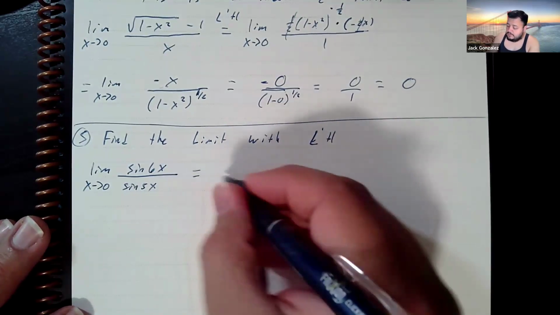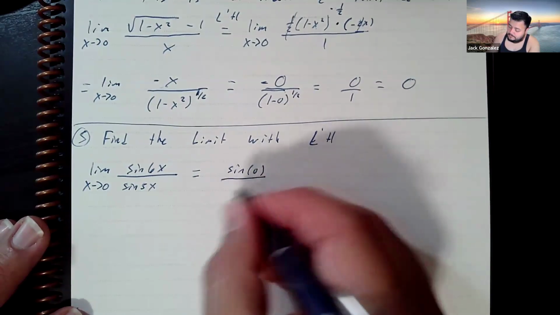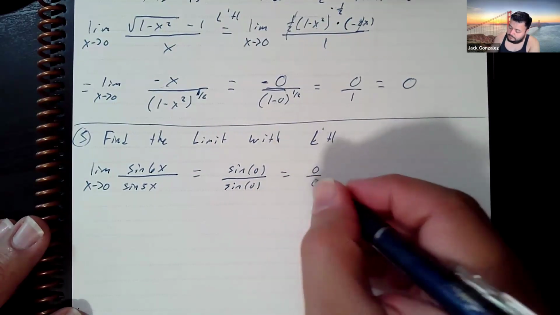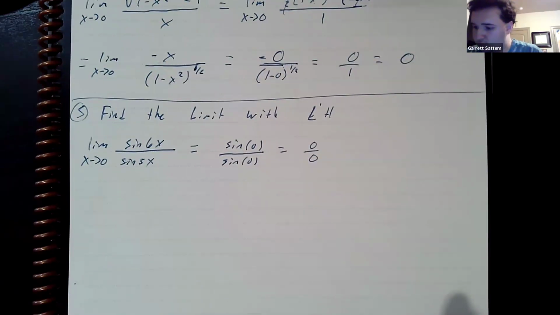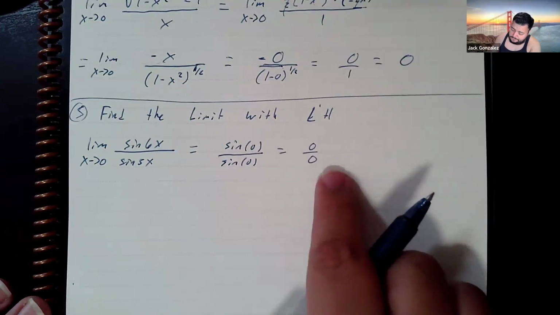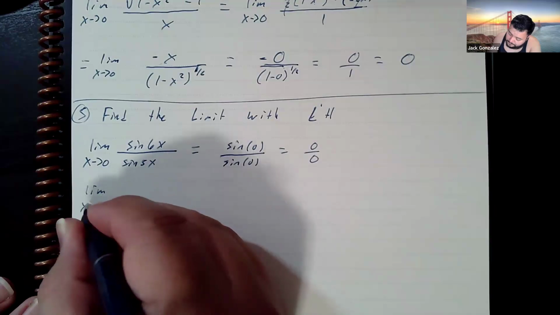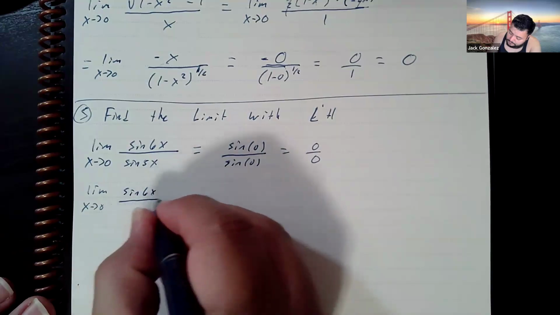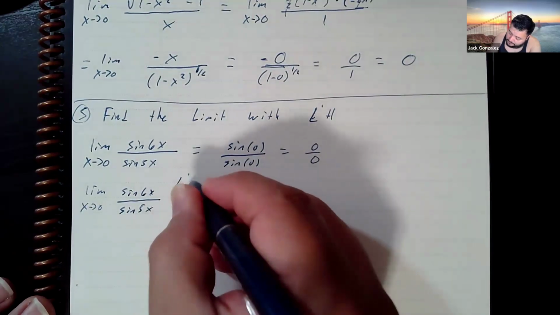So if you take the limit, you agree this will be 0 over 0, right? Yes. So this tells us that you can do L'Hopital. So let's do it right here.